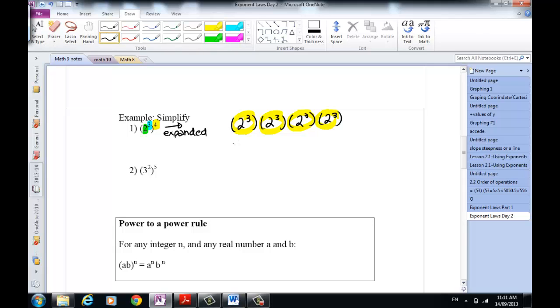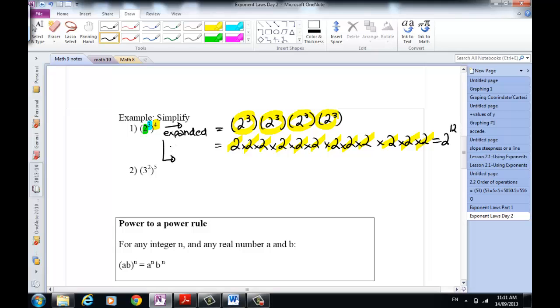And then I could write this in expanded version as 2 multiplied by 2 multiplied by 2, so that was the first one, the second one, the third one, and the fourth one. And if I count all these, I have 1, 2, 3, 4, 5, 6, 7, 8, 9, 10, 11, 12.